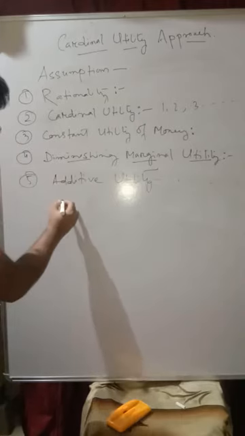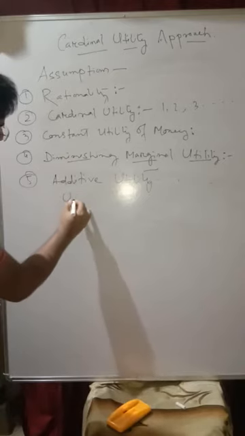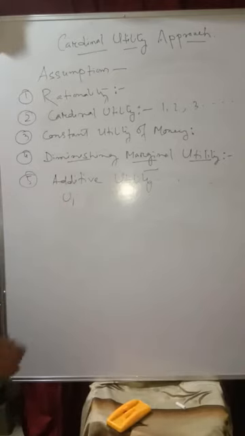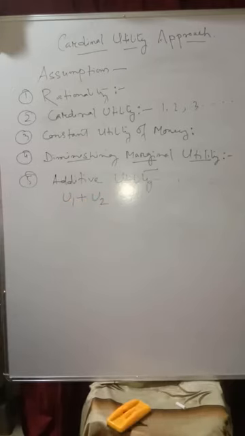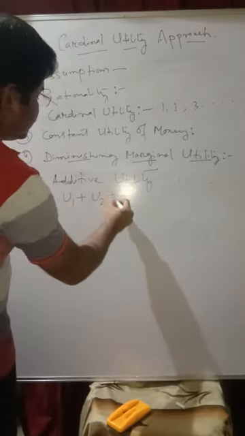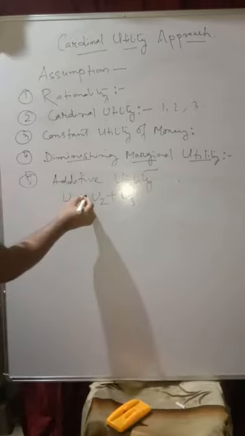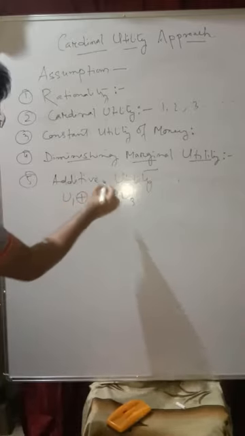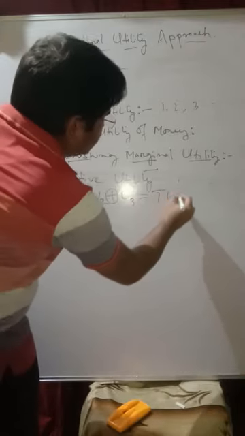Suppose the utility derived from the first unit of consumption is U1, from the second unit U2, and from the third unit U3. If you add all these utility levels, then it is your additive utility, which is equal to your total utility.